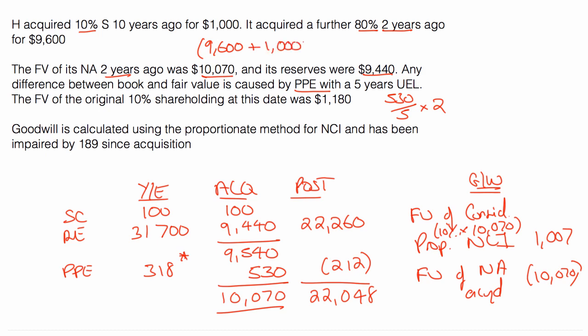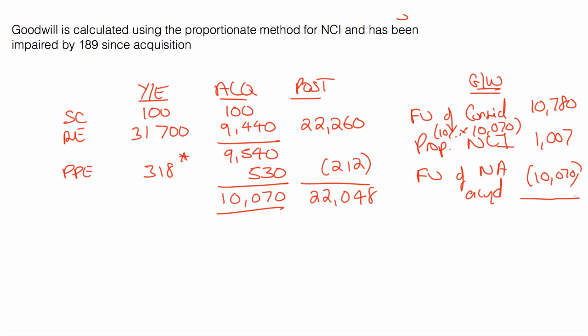What I need to do is revalue that 1,000 to what it was worth 2 years ago. And here it is, look, the fair value of the original 10% 2 years ago was actually worth 180. So I have to add on 180 there. So if I put all of those together, then I will get 10,780. Now I can add that down then.